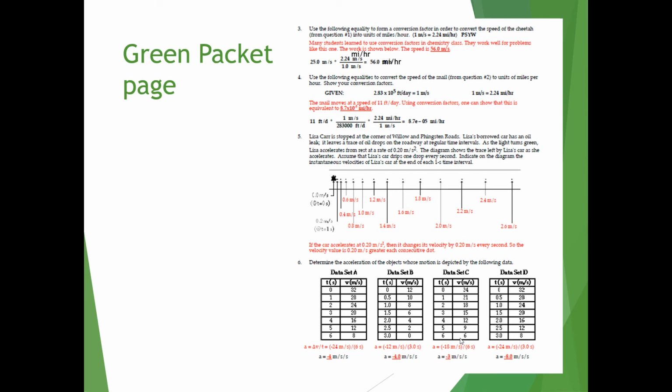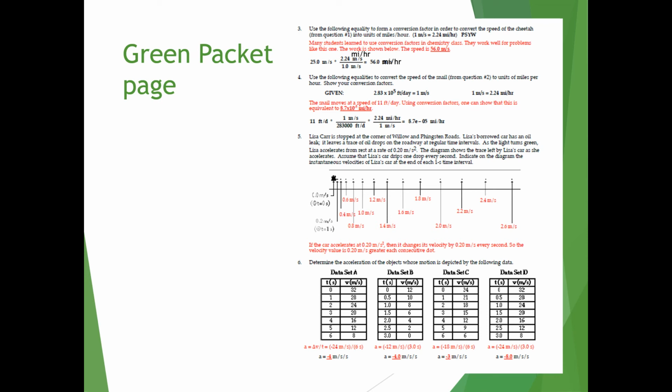Data set C is also slowing down. So again, it would be backwards and we should end up with a negative number. 21 minus 24 is minus 3 divided by 1. Or you could take it over the whole time interval, which would be 6 minus 24, which is negative 18 over 6. And all of these have units of meters per second squared.